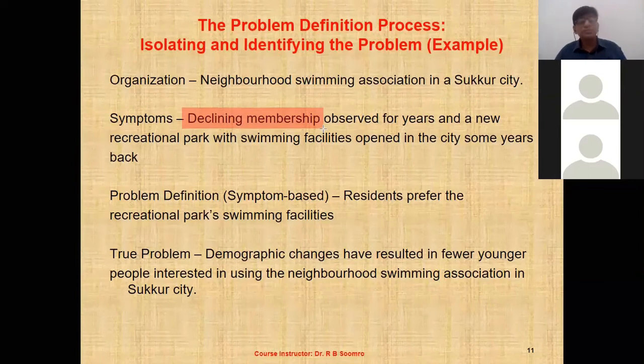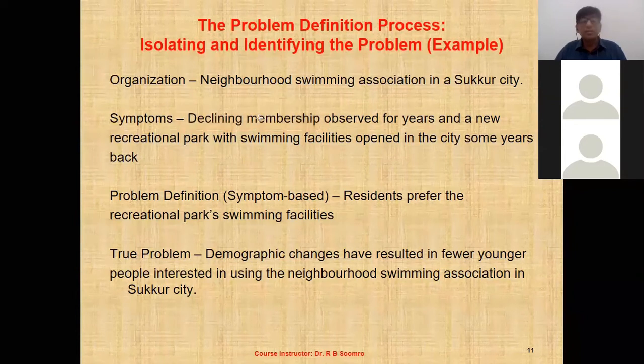Every day they are losing membership. What is the reason? A new recreational park with swimming facilities opened in the city some years back. So the symptom is the declining membership.